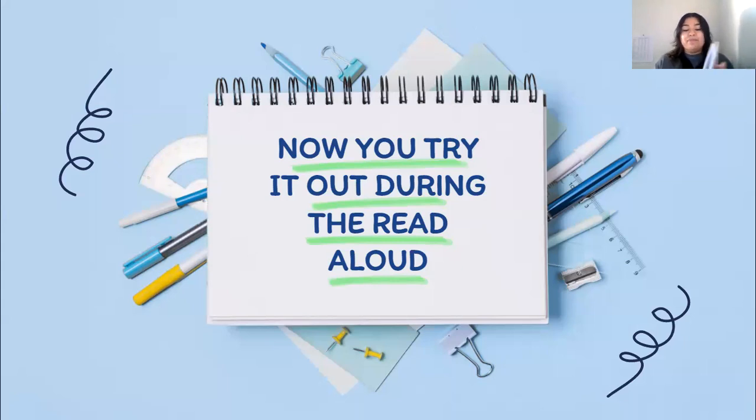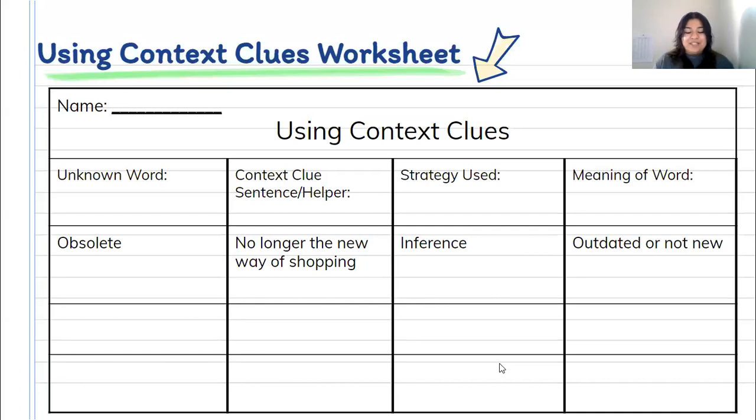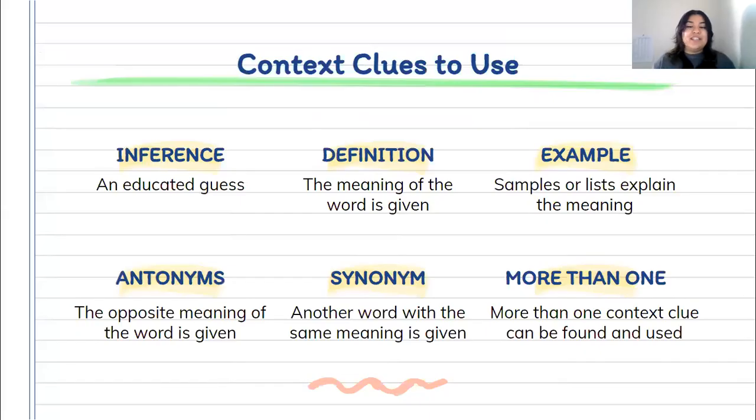We're going to stop and we're going to discuss together and fill out that sheet together. So we will stop and pause and discuss what the unknown word is, what the context clue sentence or helper is, the strategy used, and the meaning of the word. So here is our anchor chart that will be posted on the wall, and let's begin reading.